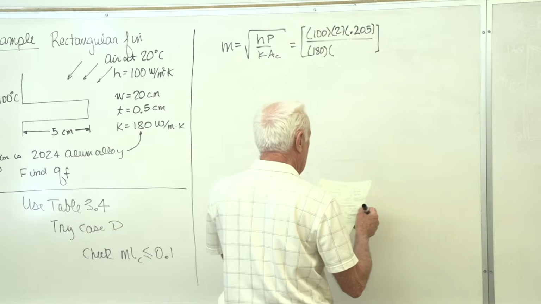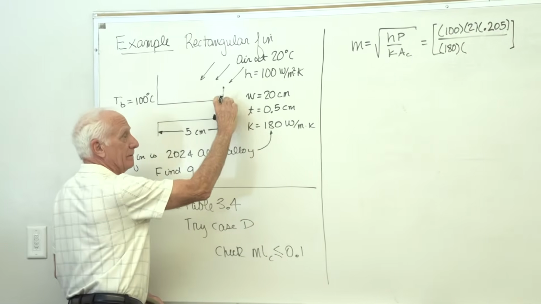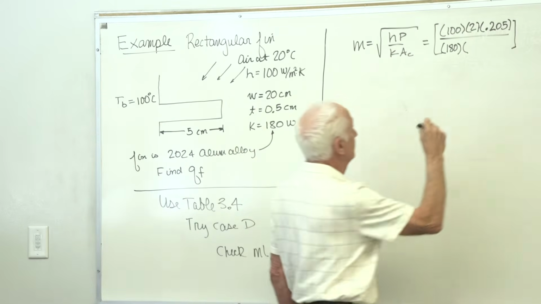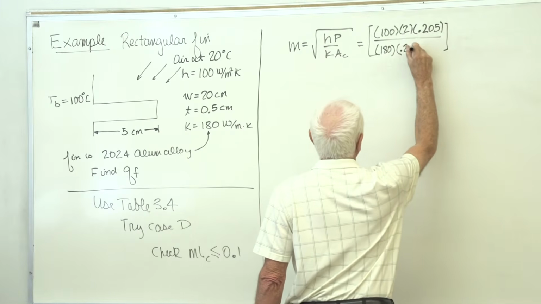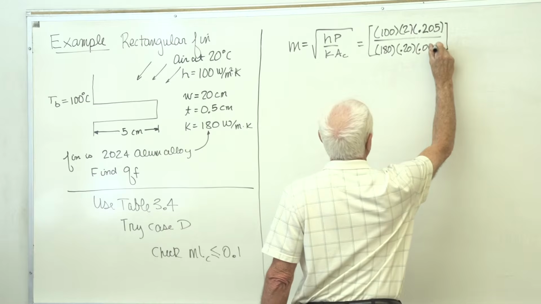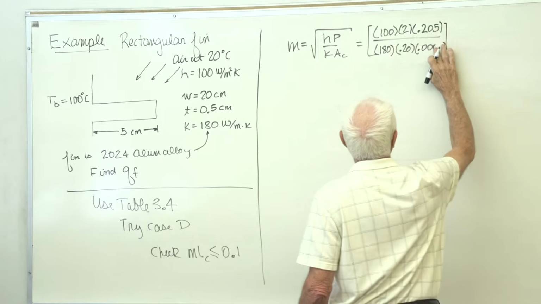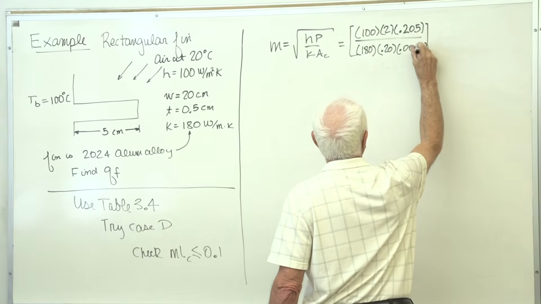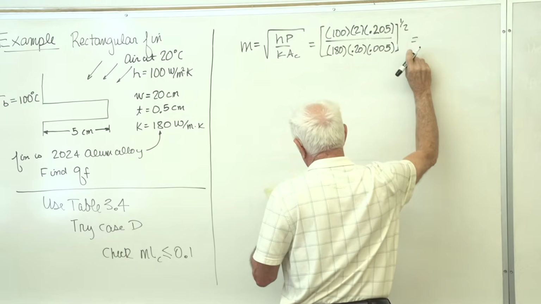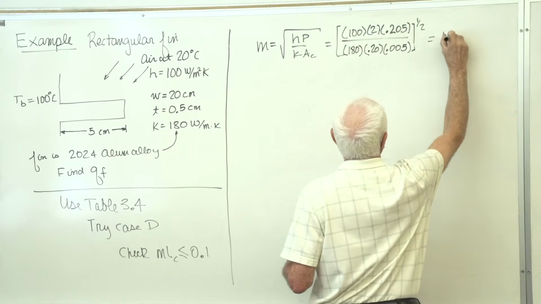A sub C, cross-sectional area for conduction. T is a half times into the blackboard is 20. So 20 times 0.005. Oh, half a centimeter, 0.005. Got it. To the 1/2 power. Okay, 15.09.